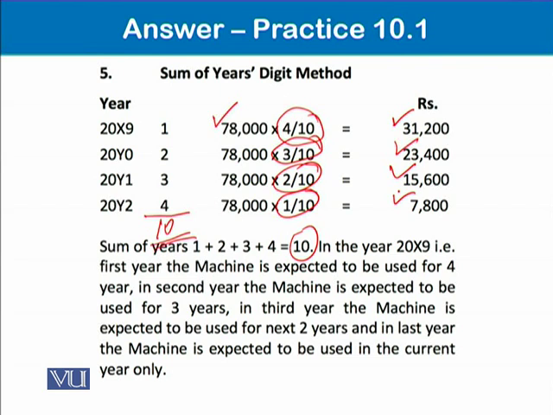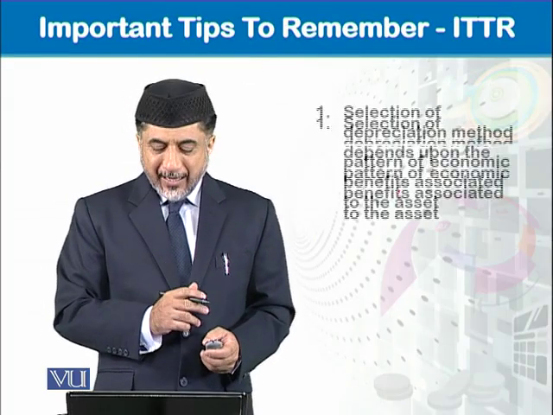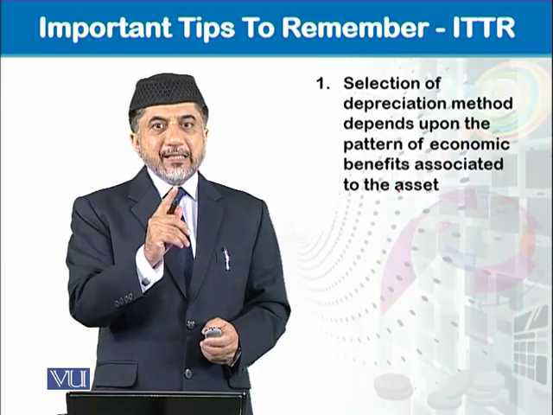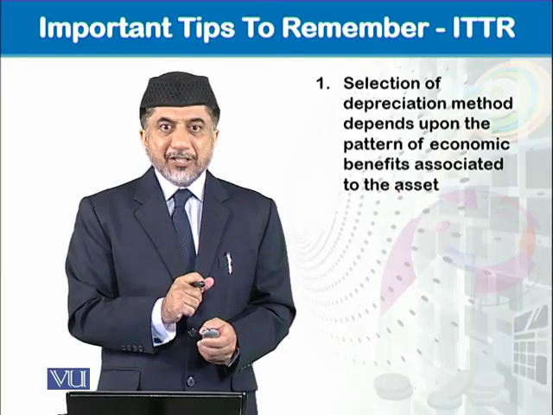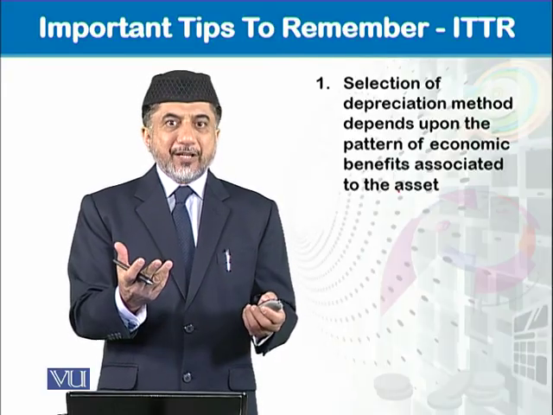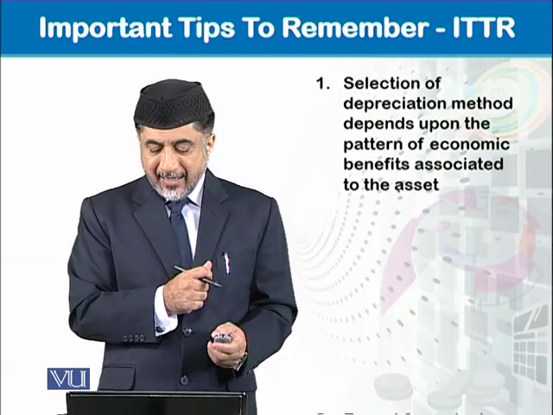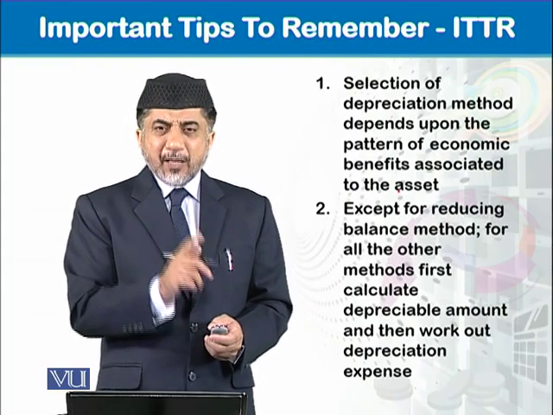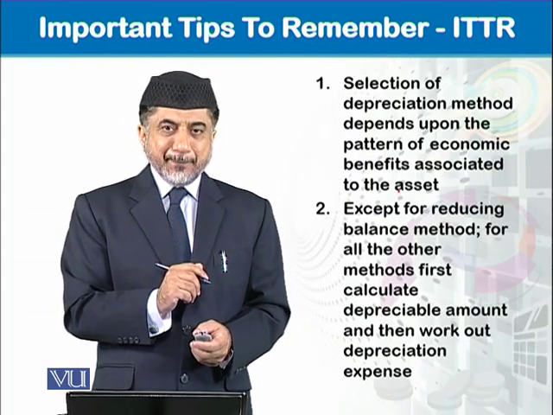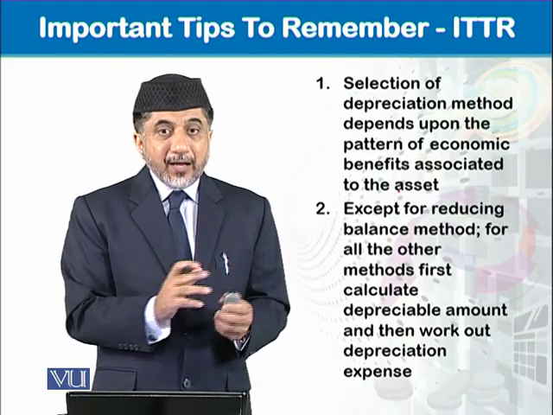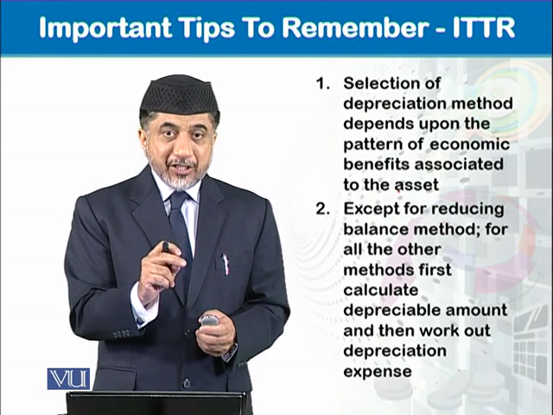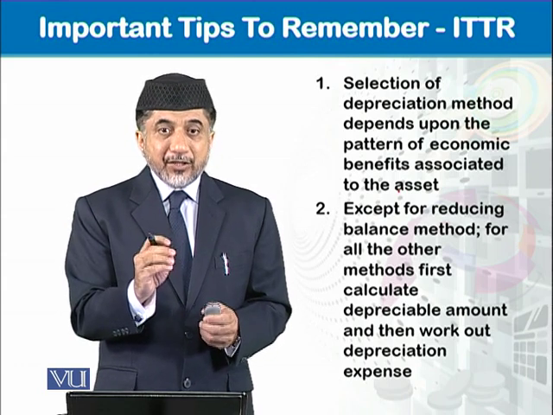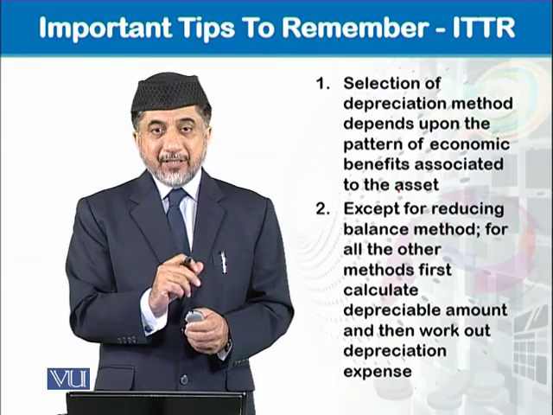So the important tips to remember in this module are that selection of depreciation method depends upon the pattern of economic benefit associated with the asset, which would be different, as we discussed. And the second thing is, except for the reducing balance method, in all other methods, we calculate depreciation by using the depreciable amount.